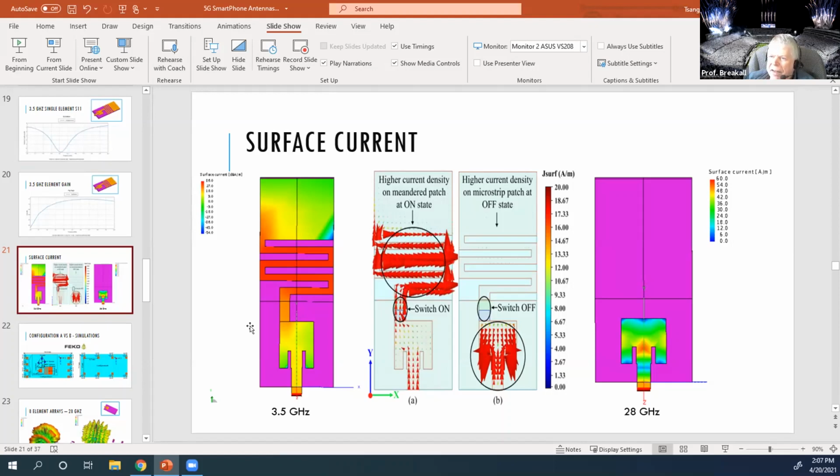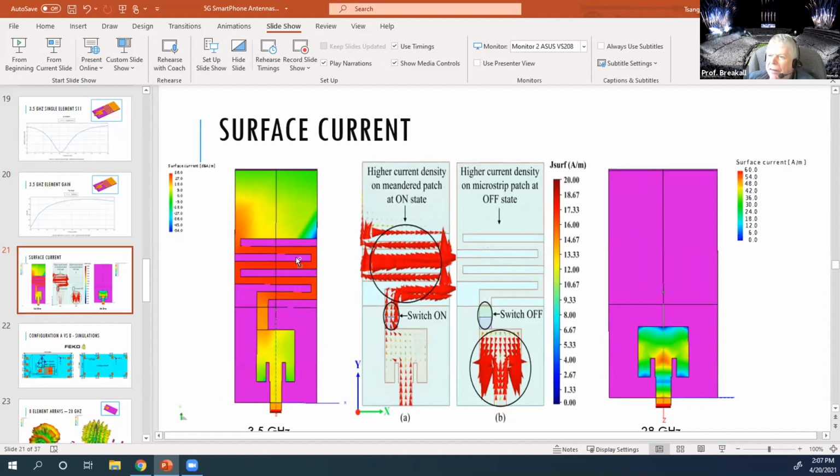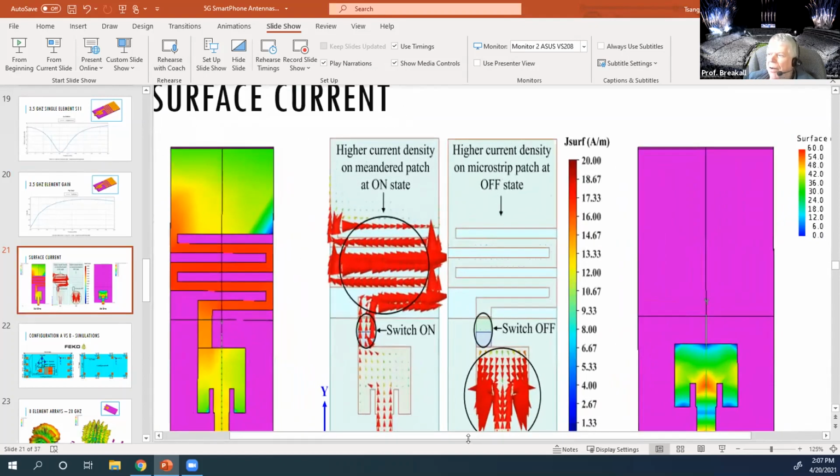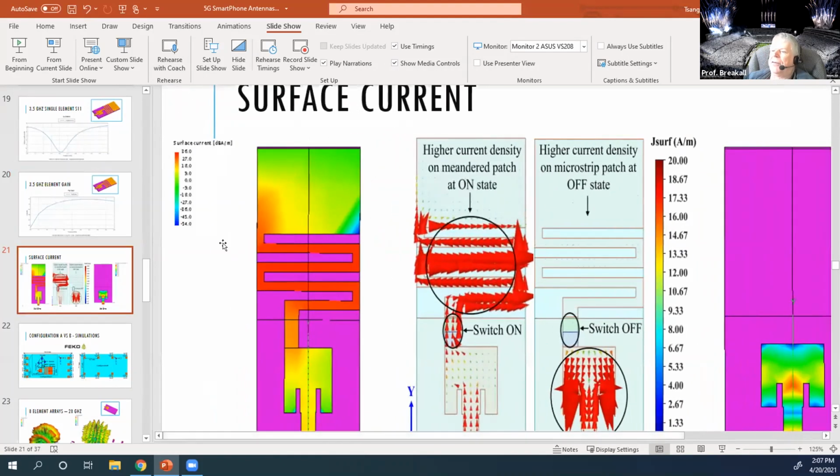I think it is in dB, right? On your scale on the left, you're at 35 or something, and the green is down some 35 dB from what it is in the meander, and there is some yellow there, which is down maybe 30 dB. I mean, there is some current going there on yours.